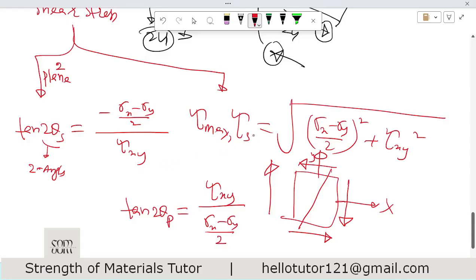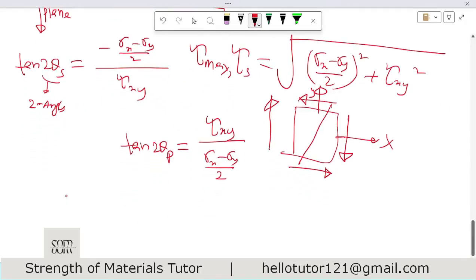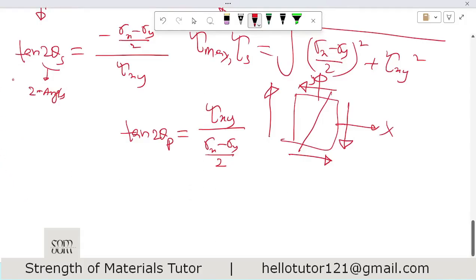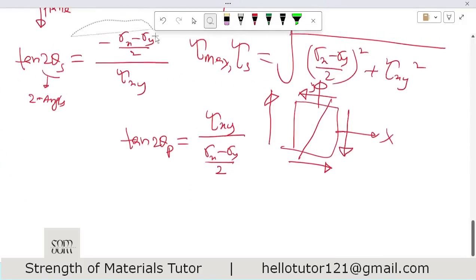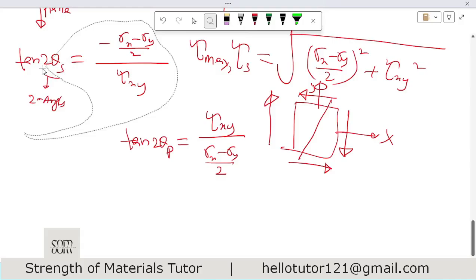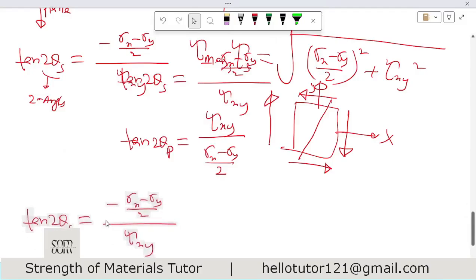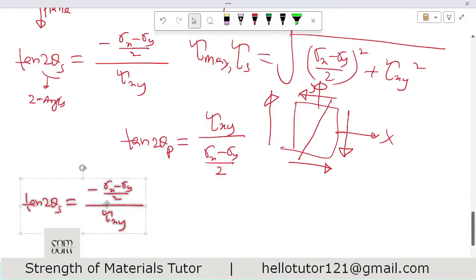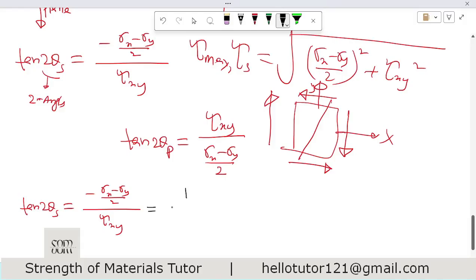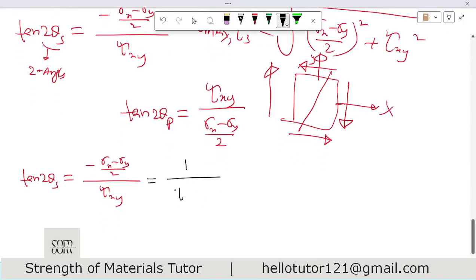If we write it this way, we can write this as 1 divided by that, and this negative we can keep here. It is one and the same thing, right?